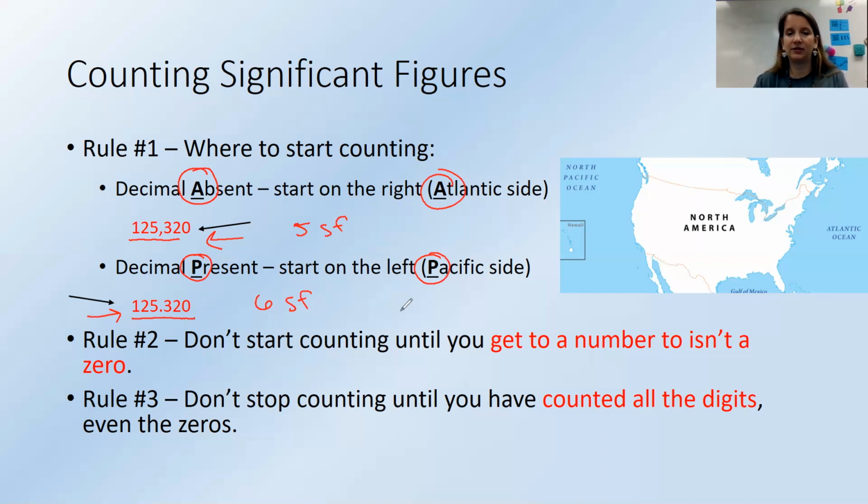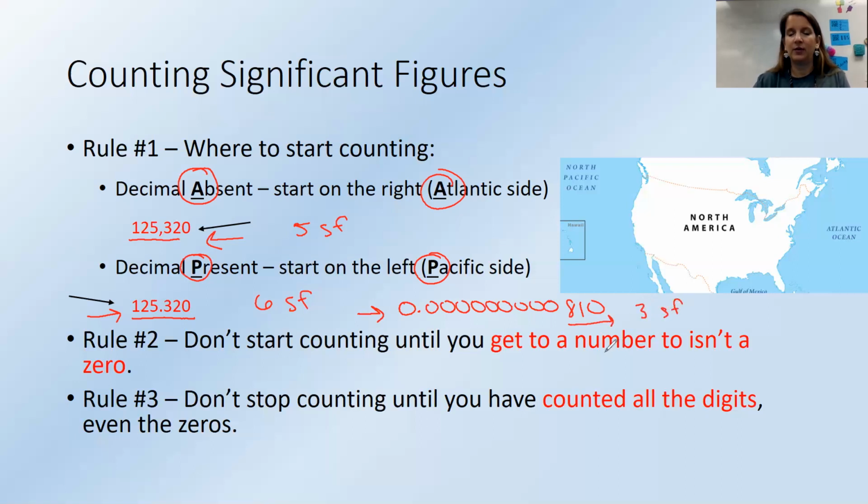Let's take a look at something else here. Let's say we have 0.0000000000810. Because there's a decimal point present, we start counting from the left. You go to your first non-zero, you start counting and you keep counting. So this one has 3 sig figs.